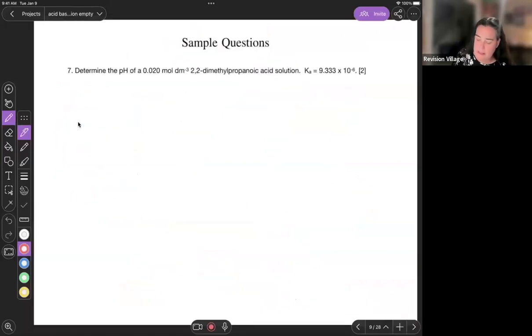Here's one for you to practice. I gave you the Ka of a weak acid and its concentration. I'm curious, what is the pH of that solution?